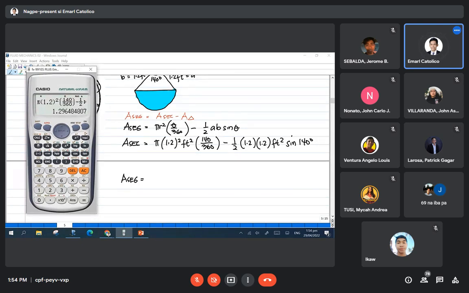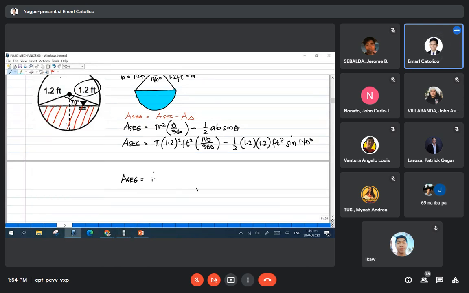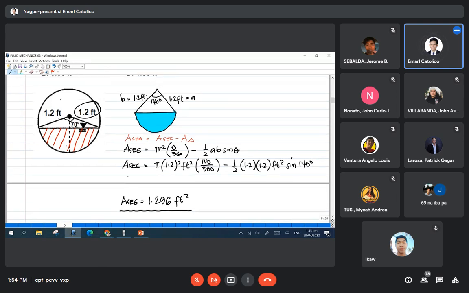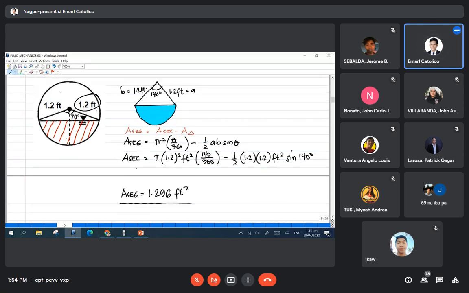Okay. So 1.296 feet squared. So yan yung area ng ating segment. Okay?